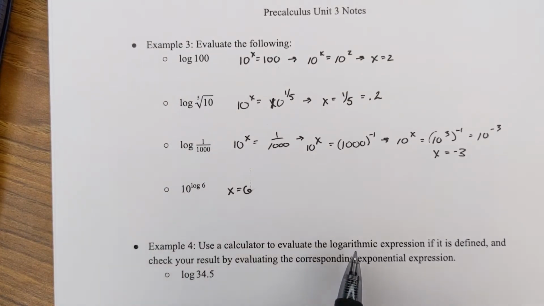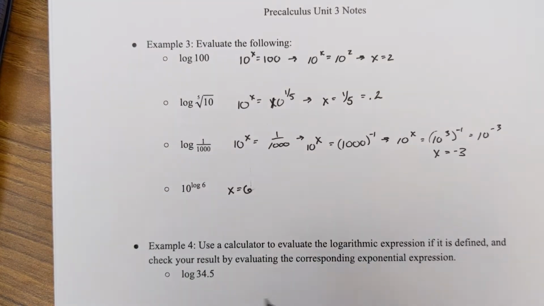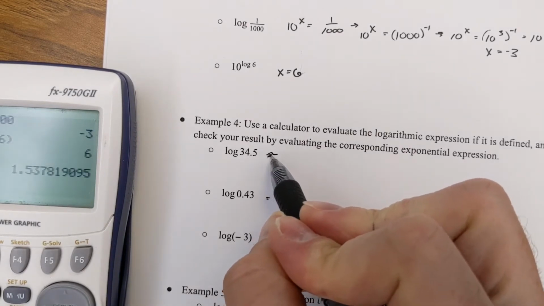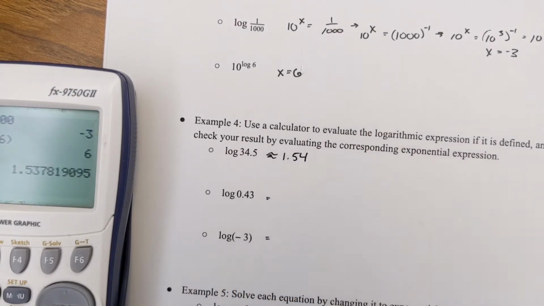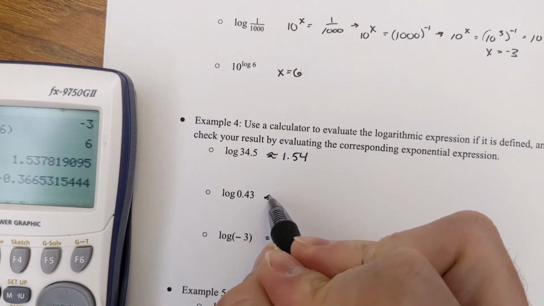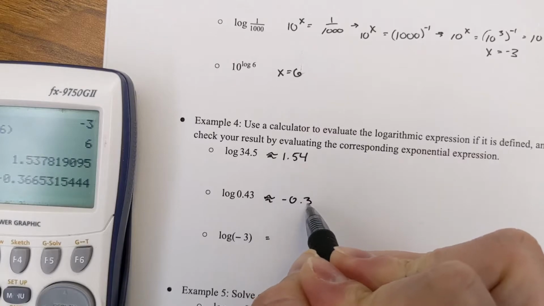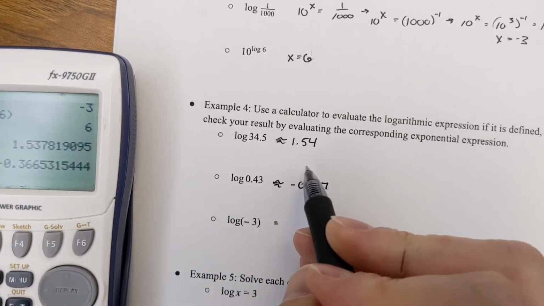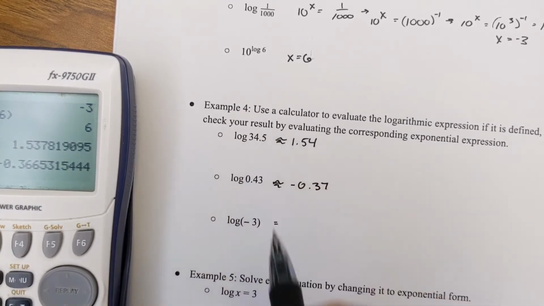Okay, so use a calculator to evaluate the logarithm expression where defined. Okay, well, so these are all pure calculator problems down here. So log of 34.5, this is about 1.54. The log of 0.43 is about negative 0.37. And then I'm not going to do the check, but if you do 10 to the 1.54, you'll get about 34.5.